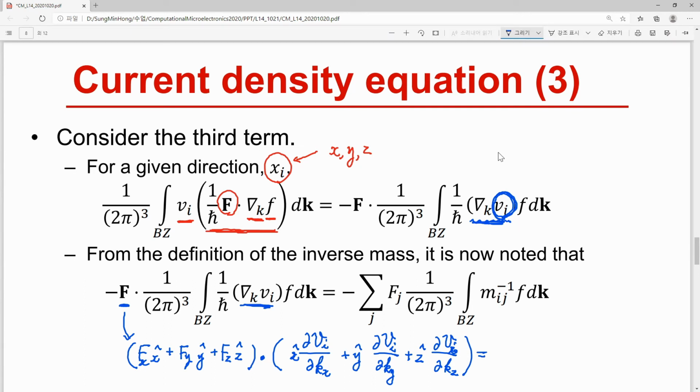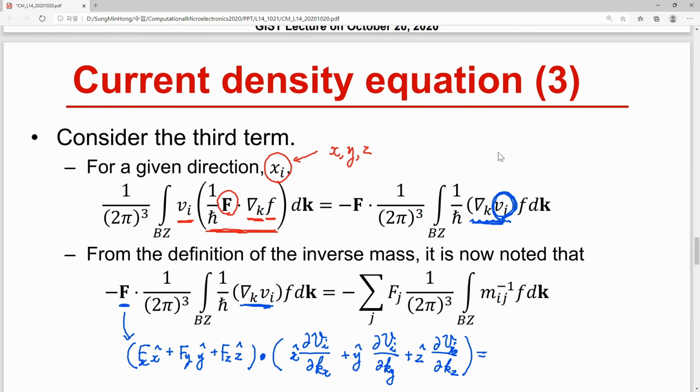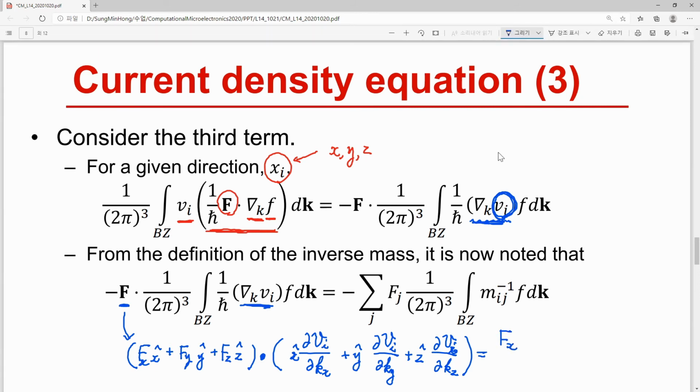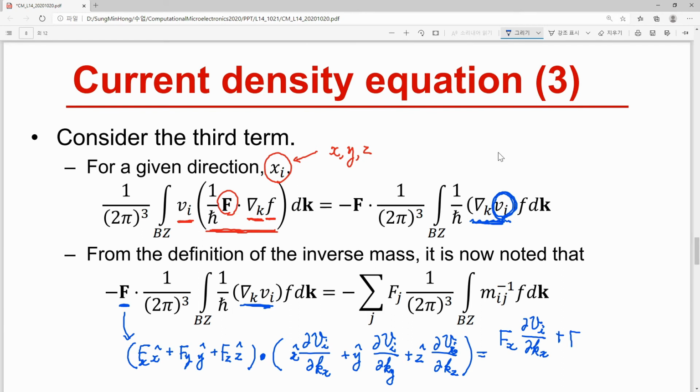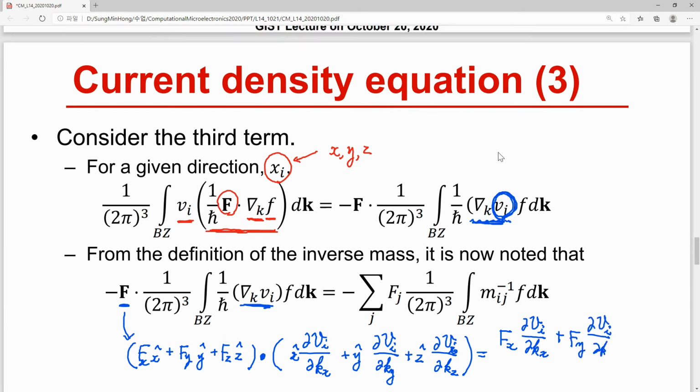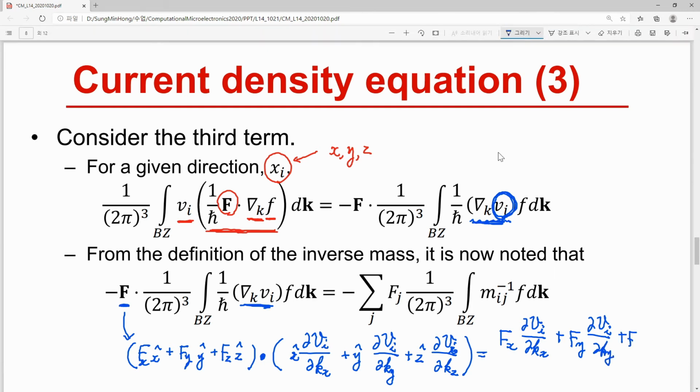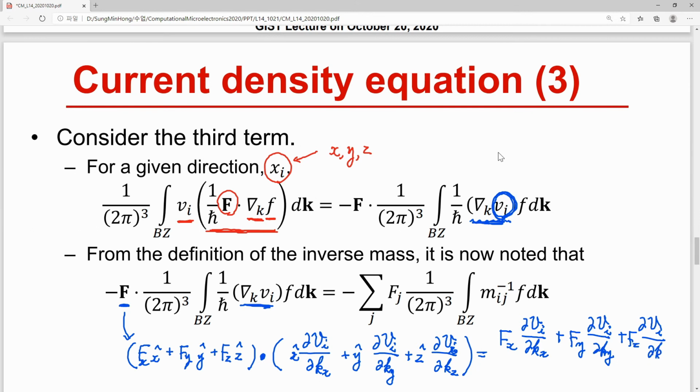If we evaluate this dot product, you can easily find that it will be f_x multiplied by ∂v_i over ∂k_x, plus f_y ∂v_i over ∂k_y, plus f_z ∂v_i over ∂k_z.